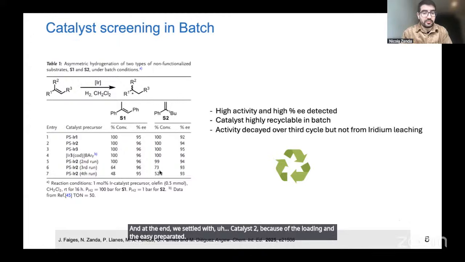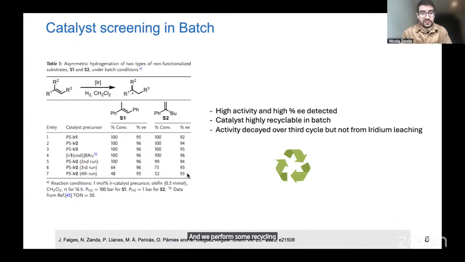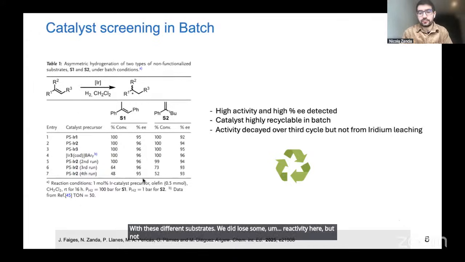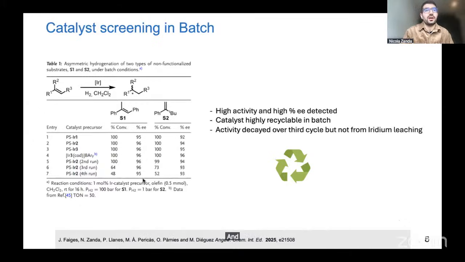And we performed some recycling tests in batch with these different substrates. We did lose some reactivity here, but not enantioselectivity. And this was something that we hoped a continuous flow approach could solve.